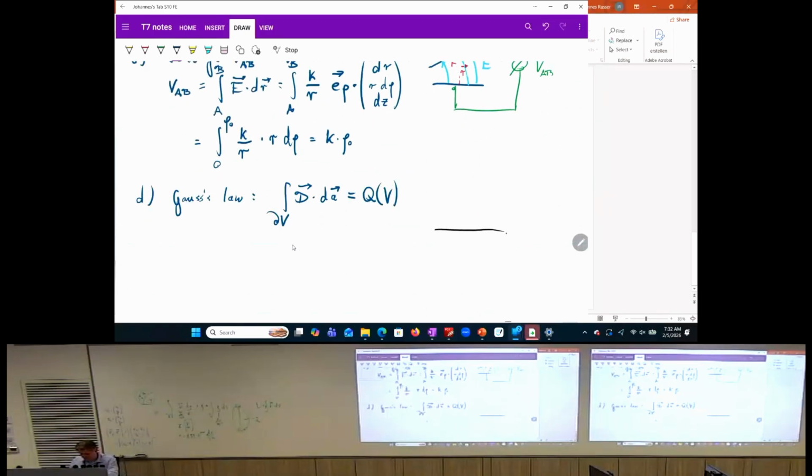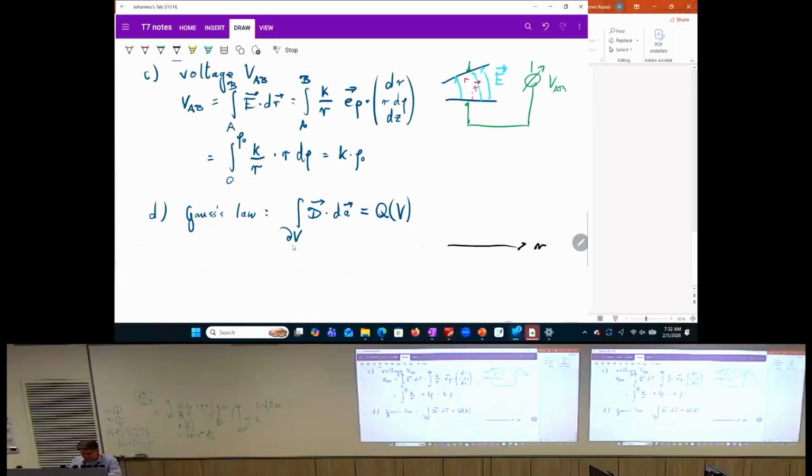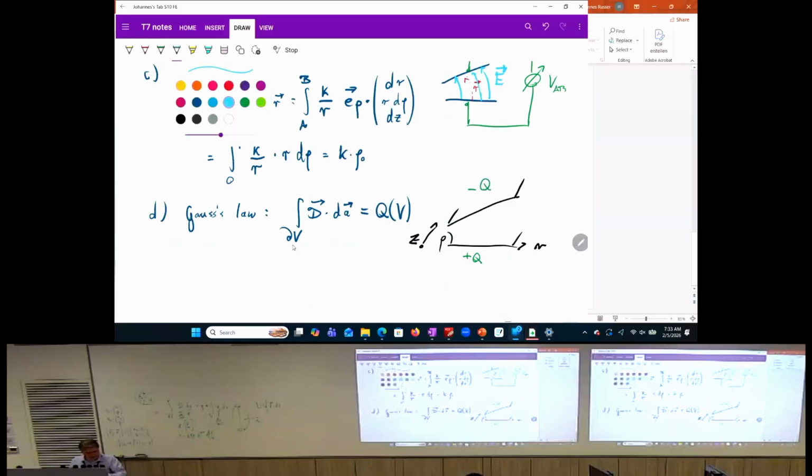This is the radial direction. Back into the plane here is the z direction. Up there we have phi. And we have here a second plate and here the first plate. There's our plus charge, there's our minus charge. There are our electric fields.